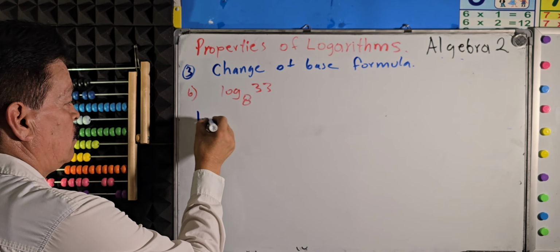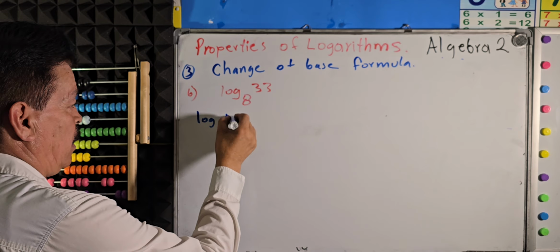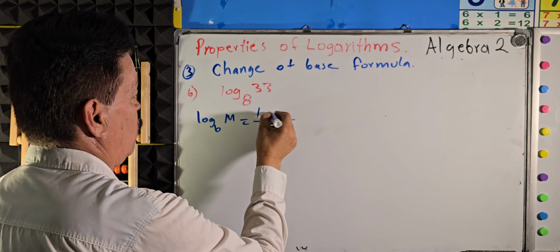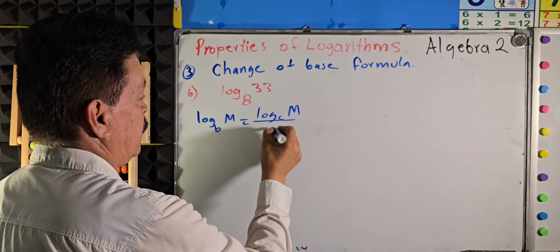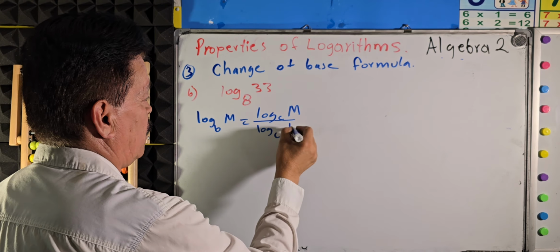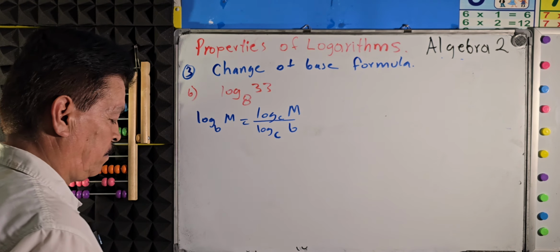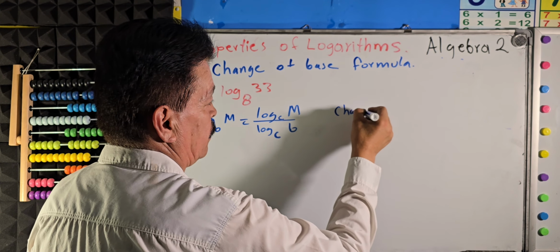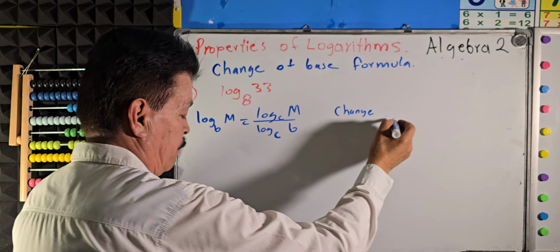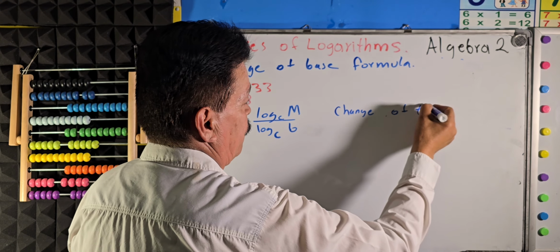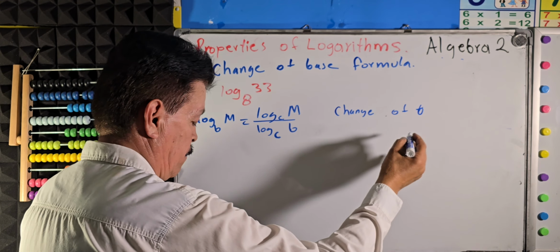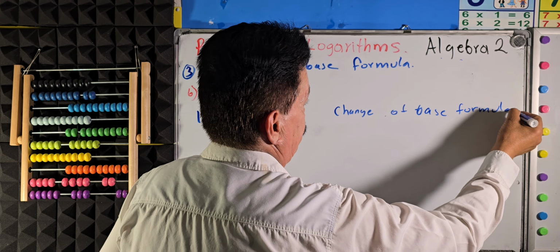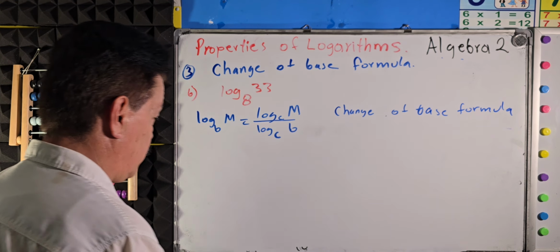So log with the base b of m, this is the formula, equals log of m with the base c, divided by log of b with the base c. This is the change of base formula.